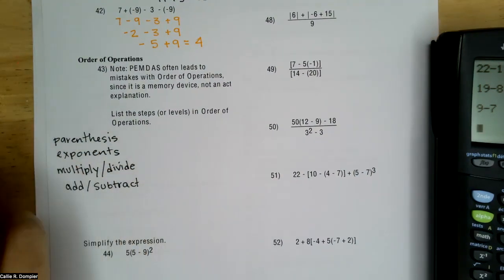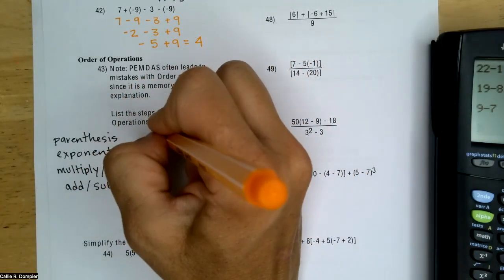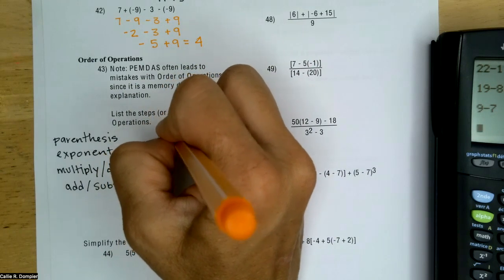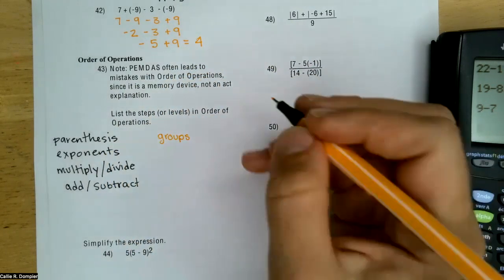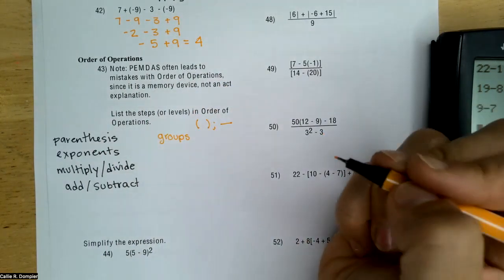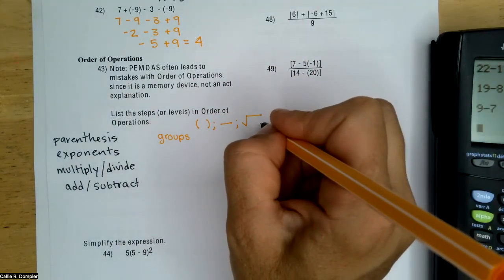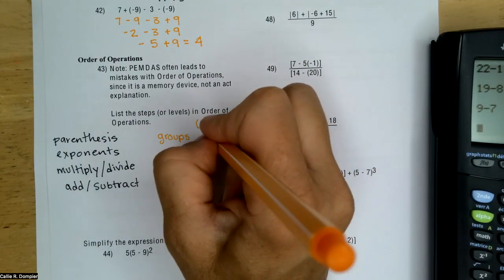Okay, there's another way to think about it, GEDMAS. Anyway, parentheses actually is grouping symbols. So grouping symbols include parentheses, the division bar, radicals, and the absolute value bar.